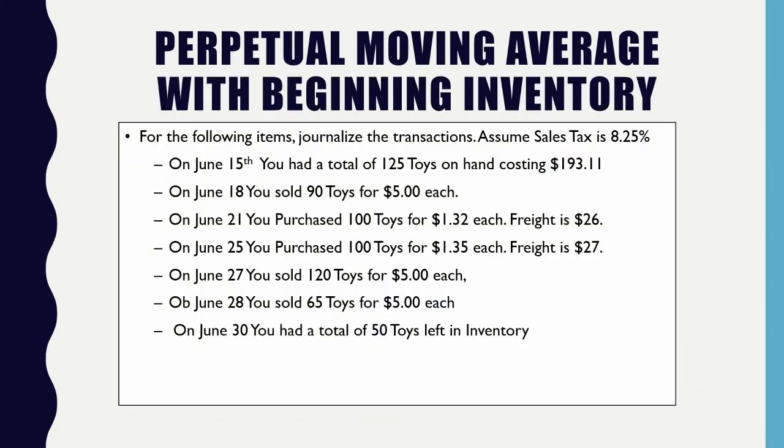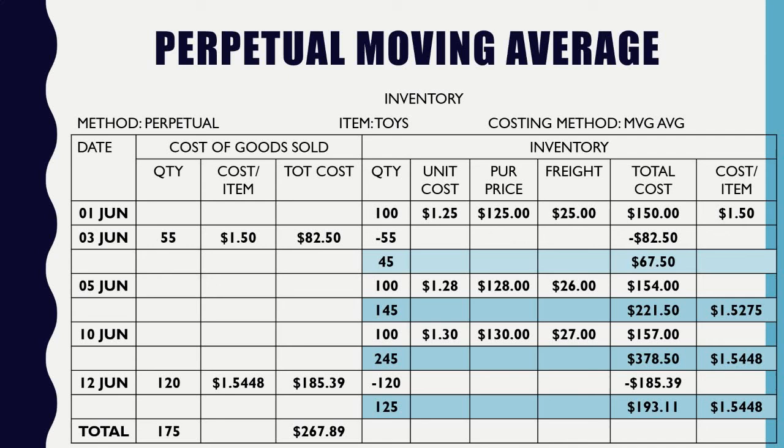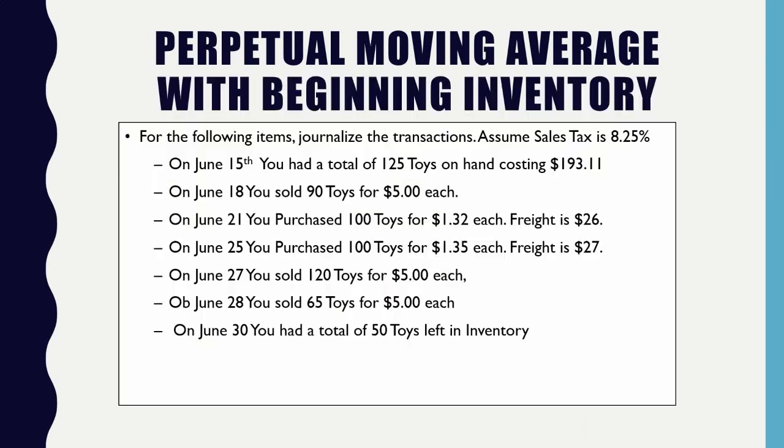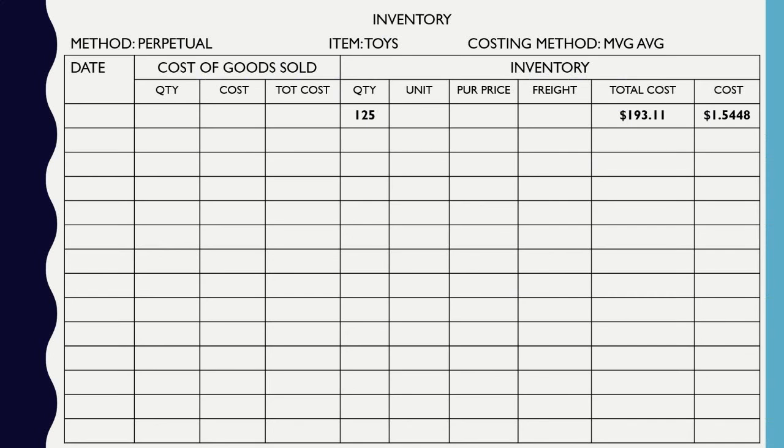So then what happens when we have beginning inventory? Same idea here. We're going to take my 125, instead of separating, because right now they're all together in one cluster. So I'm going to transfer that 125 for the $193.11, which we already know the average cost right now is $1.5448.